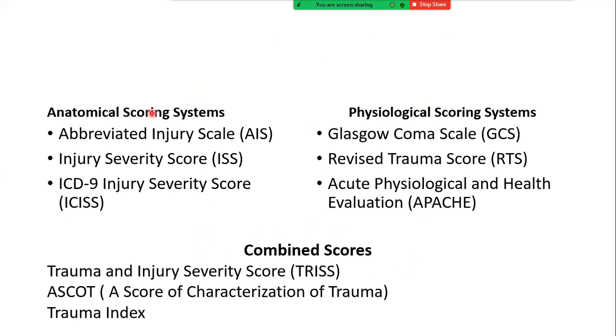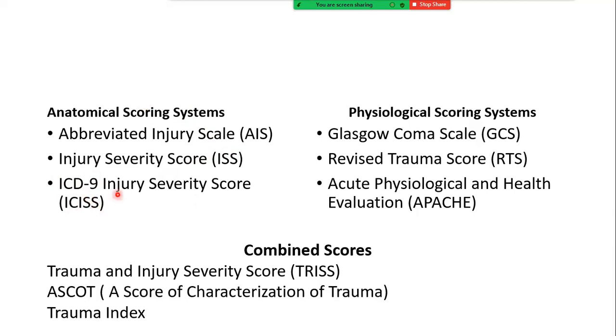The anatomical scoring systems currently in use are the Abbreviated Injury Scale, which tells you about the anatomical injury, then the Injury Severity Score, and then the ICD-9 Injury Severity Score, which is ICISS.